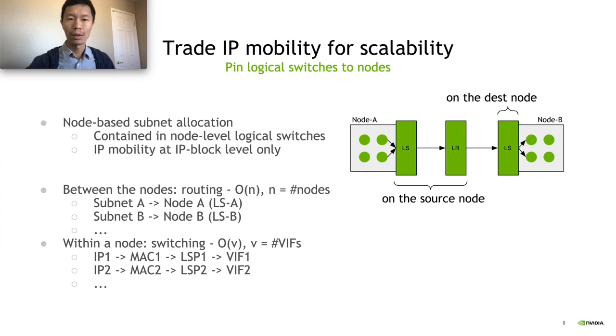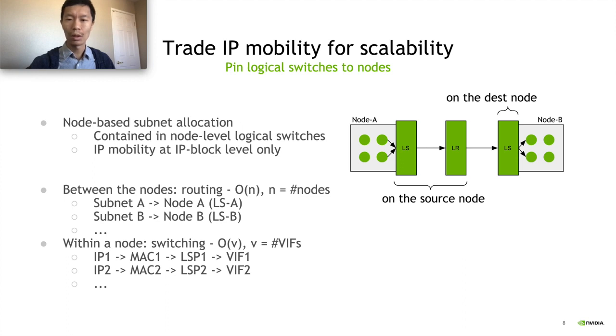We assign subnets to the nodes and contain subnets with node level logical switches. So on the source side, we only need to use the subnet information to find the destination node and send the packet there through a tunnel. And on the destination node, we then use the individual port binding information to deliver the packet to the virtual interface.